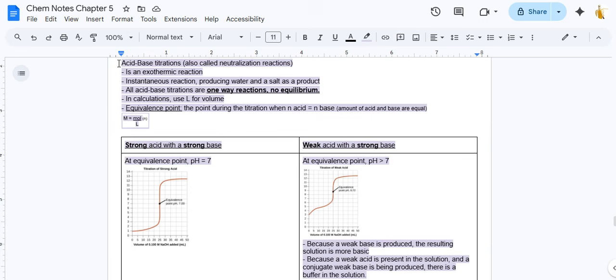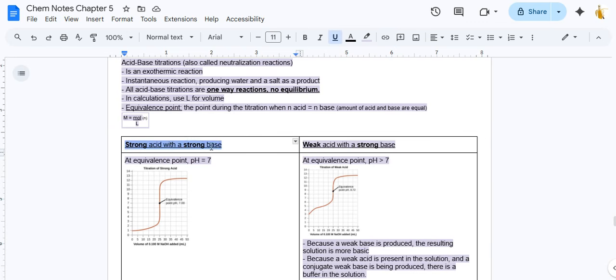So there are two types of acid-base titrations: a strong acid with a strong base, and a weak acid with a strong base. First of all, what do these mean? You probably remember in Gen Chem 1 lab, you did a titration lab where you use a long thing to drop drops into a beaker below.